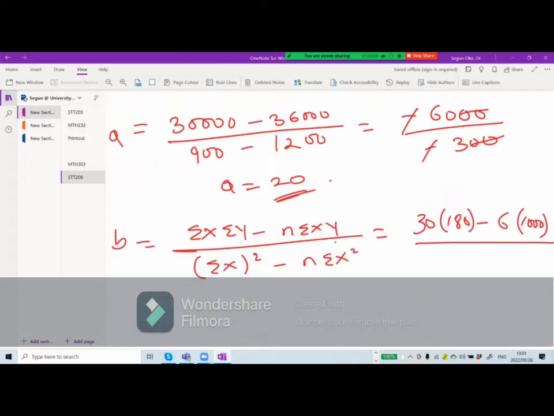Divided by summation X all squared. Summation X squared is 200, yes. Summation X all squared is 900.